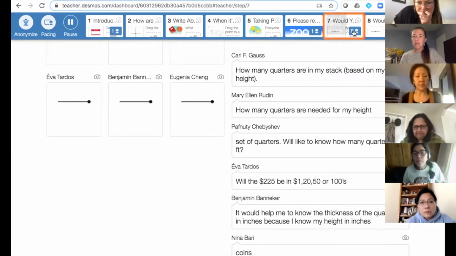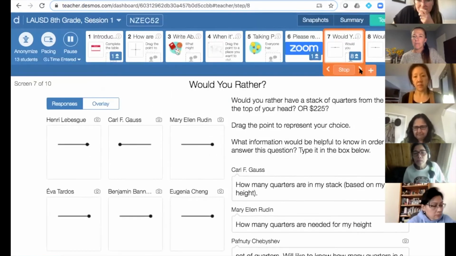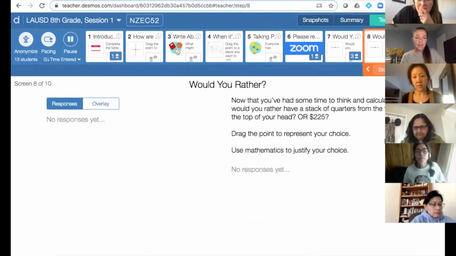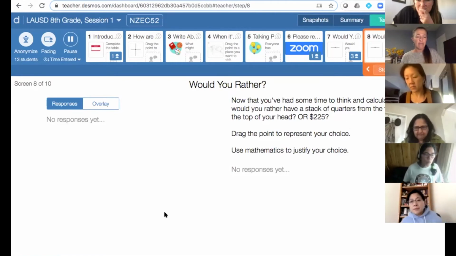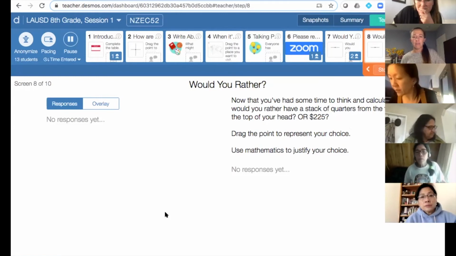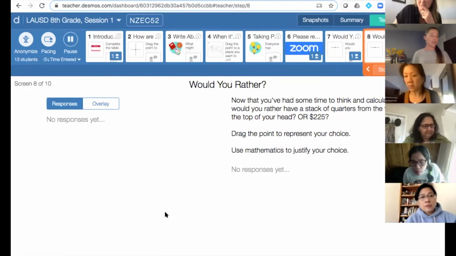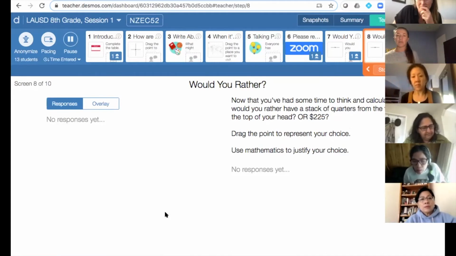I'm going to pace you now to the next slide, and I'll just give you a few minutes to think about, now that you know that 1 quarter is 1.75 millimeters, what would you rather? Would you rather have a stack of quarters from the floor to the top of your head or $225? Go ahead and drag that point to represent your choice and use mathematics to justify your answer.